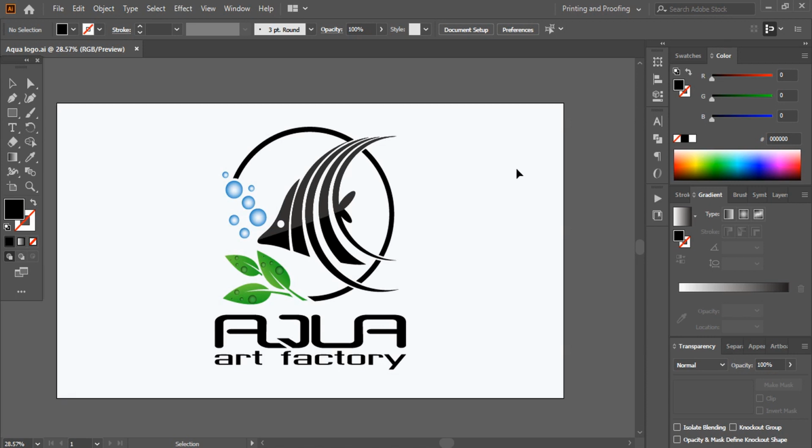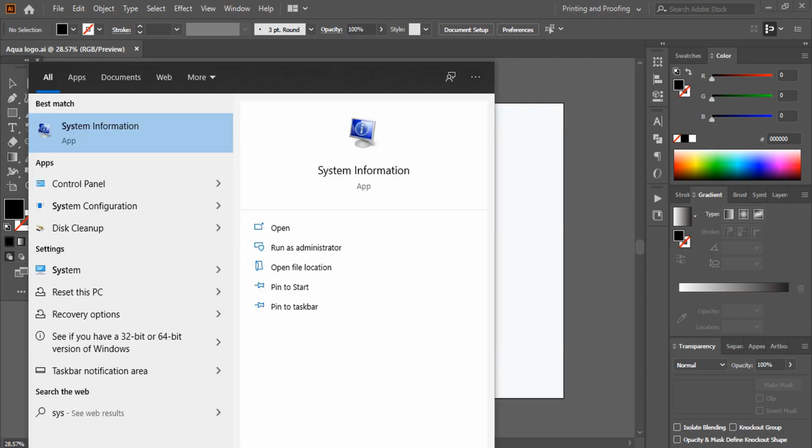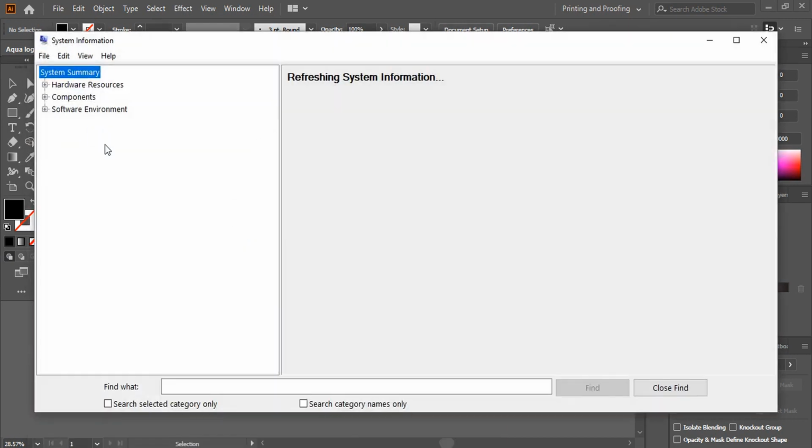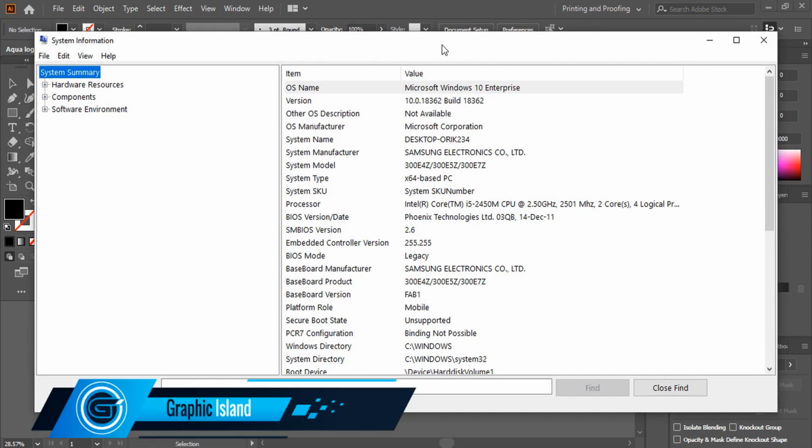So now the question is, what's the configuration? Let me show you my configuration here. System information. I bought this laptop in January 2012, and I am still using it.